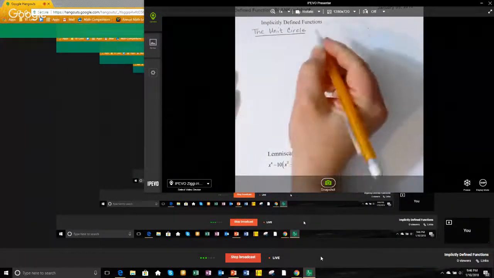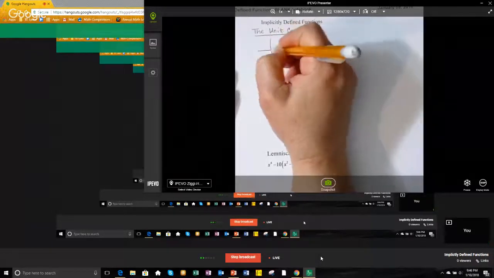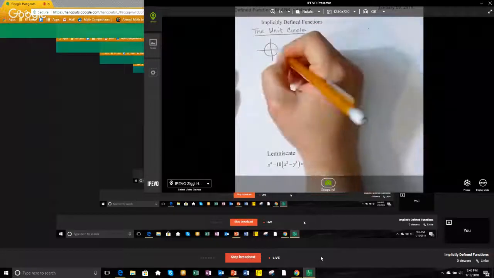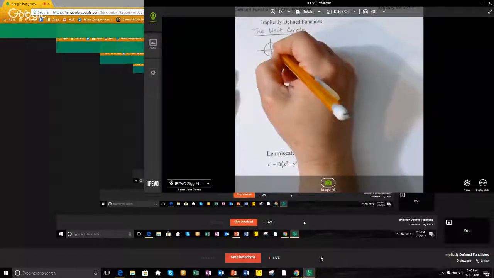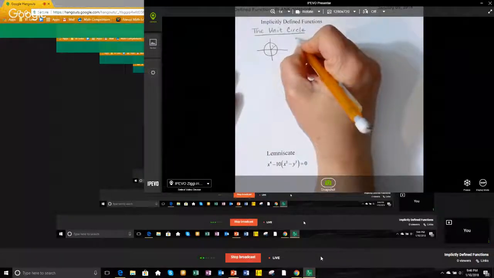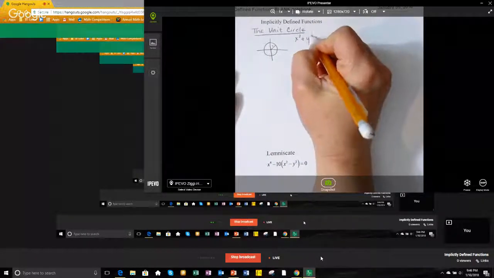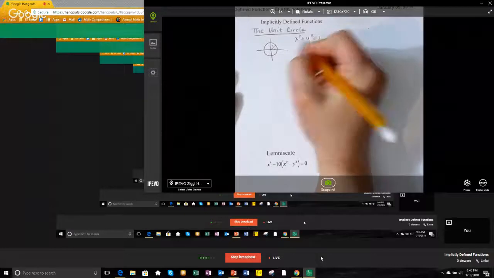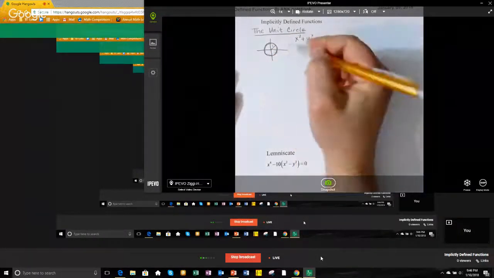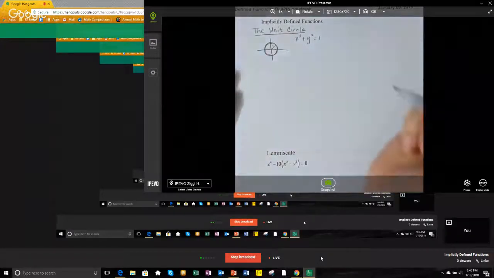And the rectangular equation for that, remembering that's a circle with a radius of 1, is x squared plus y squared equals 1. And I think everybody can agree pretty easily that a circle does not pass the vertical line test.